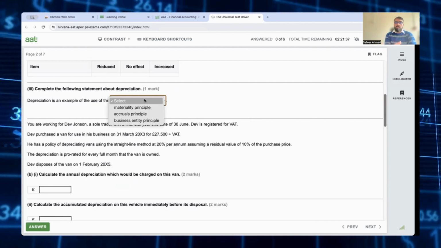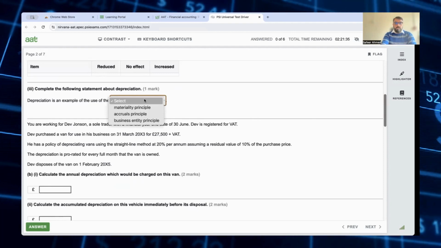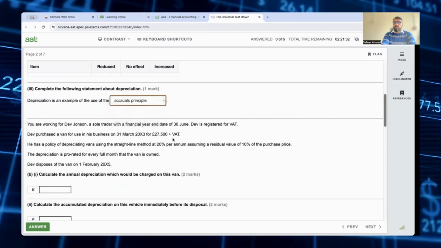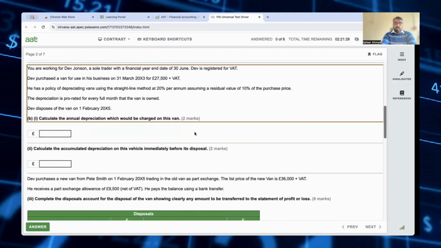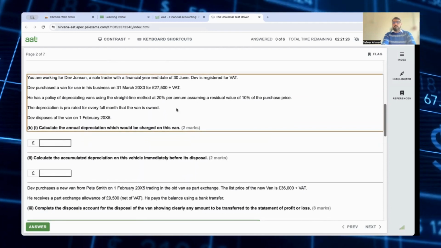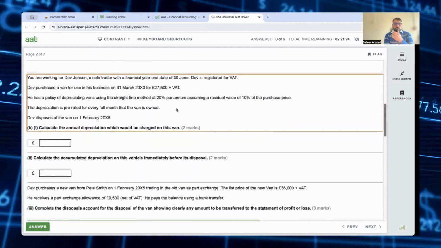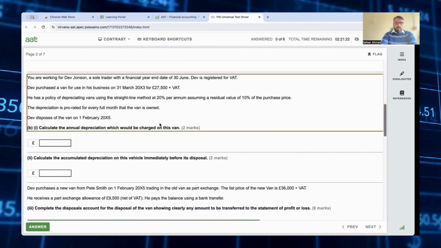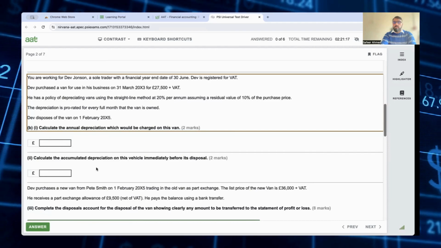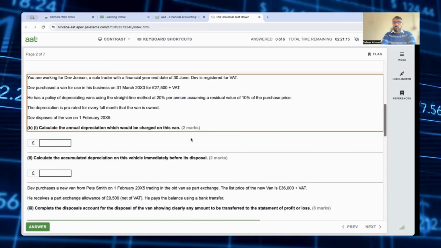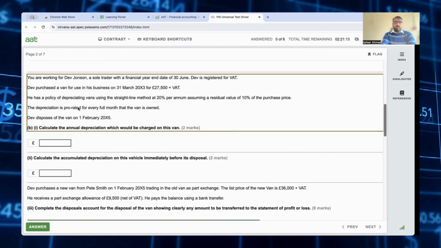They use the word principle rather than concept, which is fine, but it is accruals principle. Next part is in relation to the calculation of depreciation. So they ask you to calculate annual depreciation and then, of course, accumulated depreciation. So you can see there are 4 marks in relation to this task.